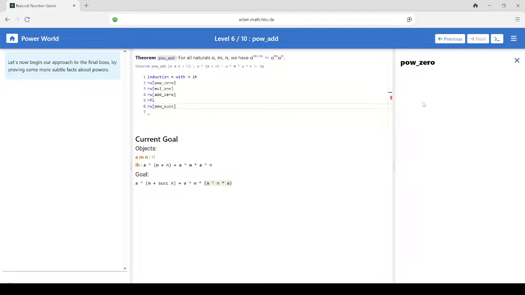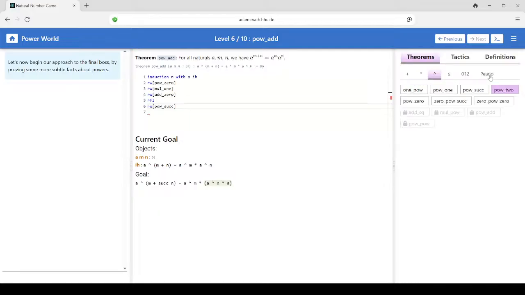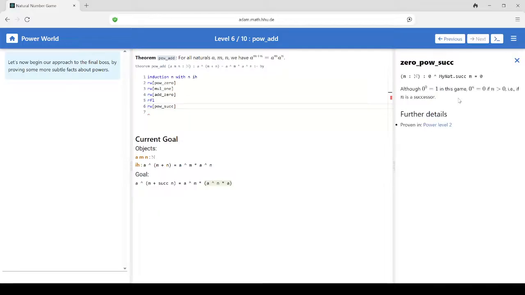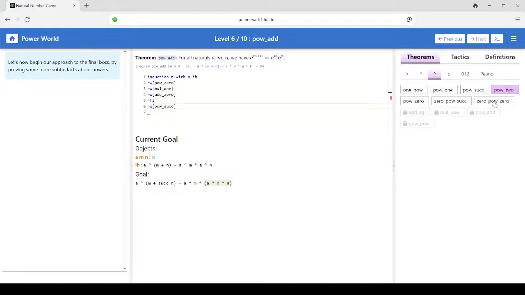That has nothing to do with successors. That has nothing to do with successors. This does, but only if it's 0. Alright, do I need to go to addition to get something for this?